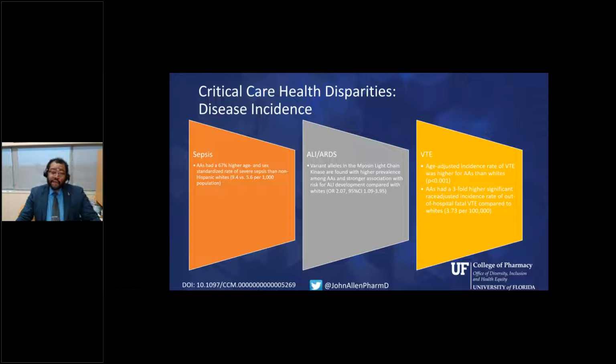Shifting towards acute lung injury and ARDS, I talked earlier about some of the genes that are present, but quantifying what that looks like, the presence of variant alleles in myosin light chain kinase were higher prevalence in African American patients and strongly associated with the risk of acute lung injury development as compared to whites.